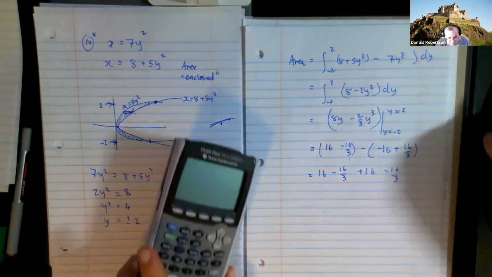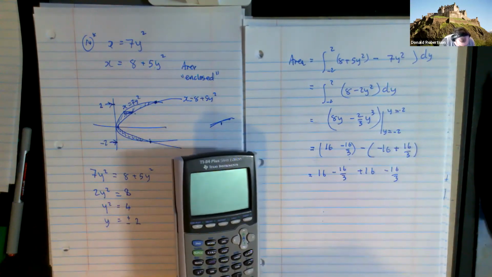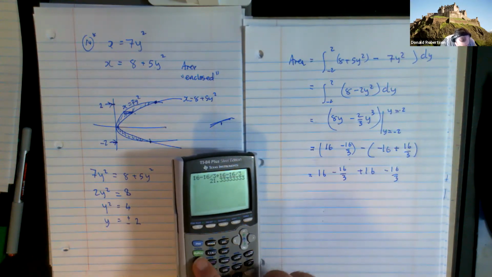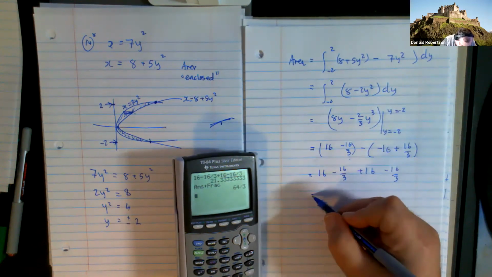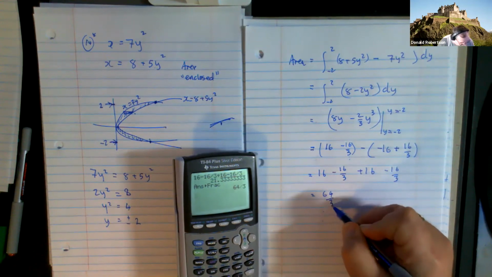And if I go to my calculator, I should be able to do that. It's basically 16, take away 16/3, add 16, take away 16/3, and then hit the math button, choice 1, which turns it into a fraction, and the answer I get is 64/3.